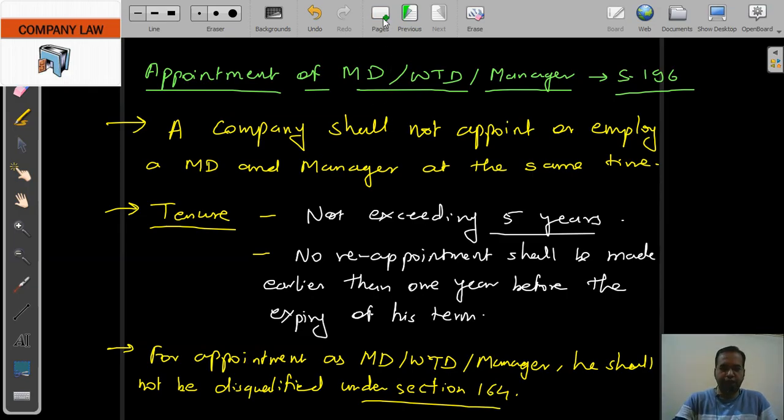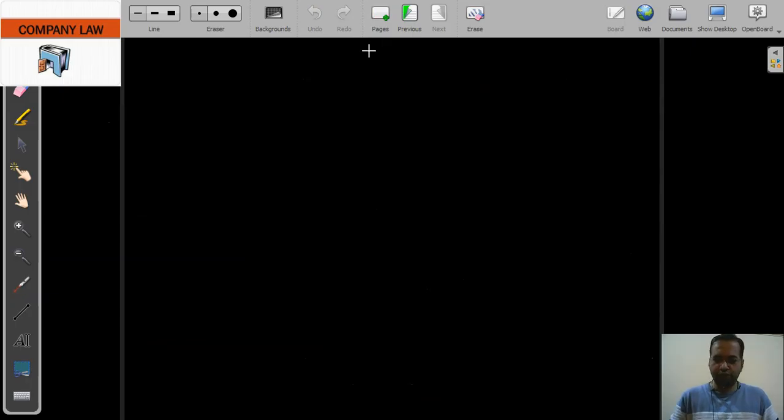There is again the age criteria which is mentioned.